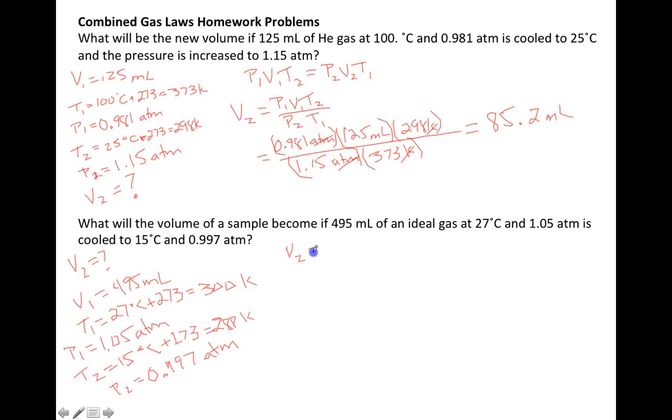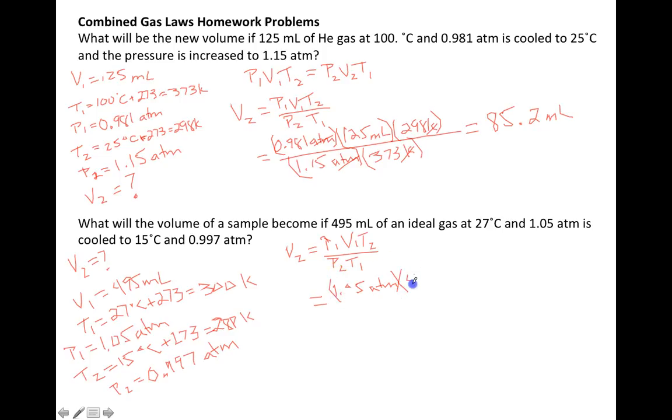All right, I'm going to use the same formula as we used up above. So V2 is equal to P1 V1 T2 over P2 T1. And plugging everything in, we get P1 is 1.05 ATMs.